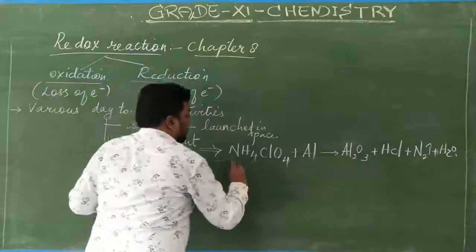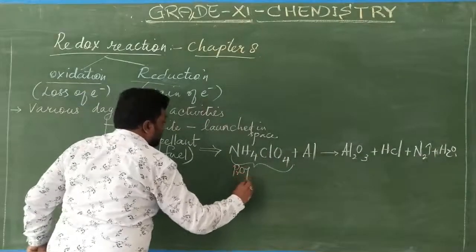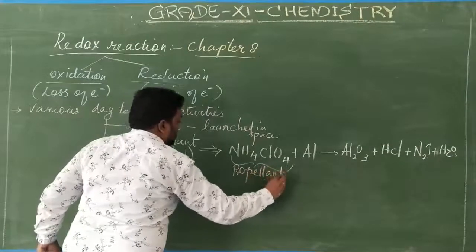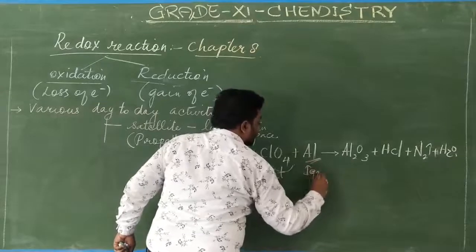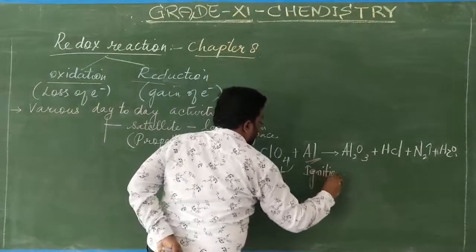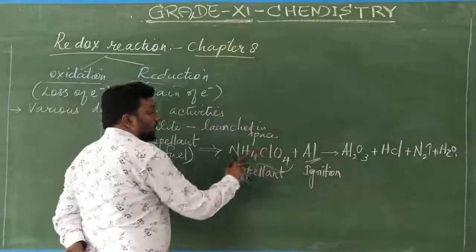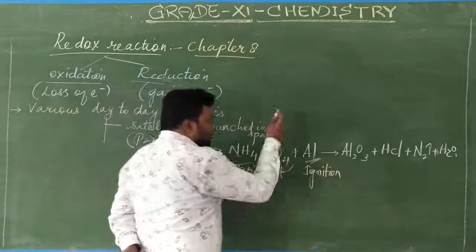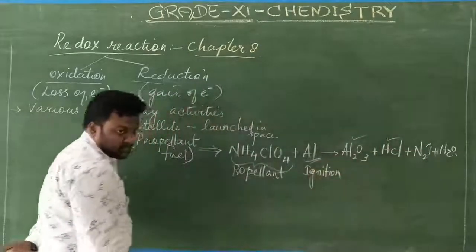So here, this is a propellant. I am telling you an example. The propellant is getting ignited. Under ignition, this ammonium perchlorate is getting burned or decomposed, giving rise to the formation of oxidized product.